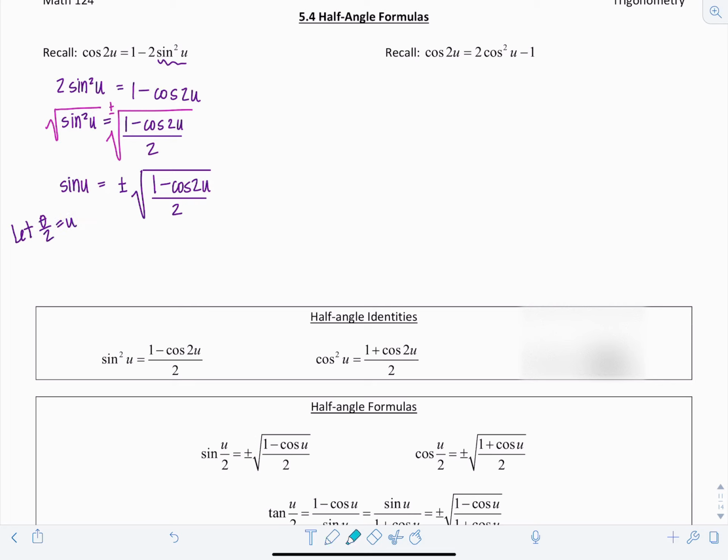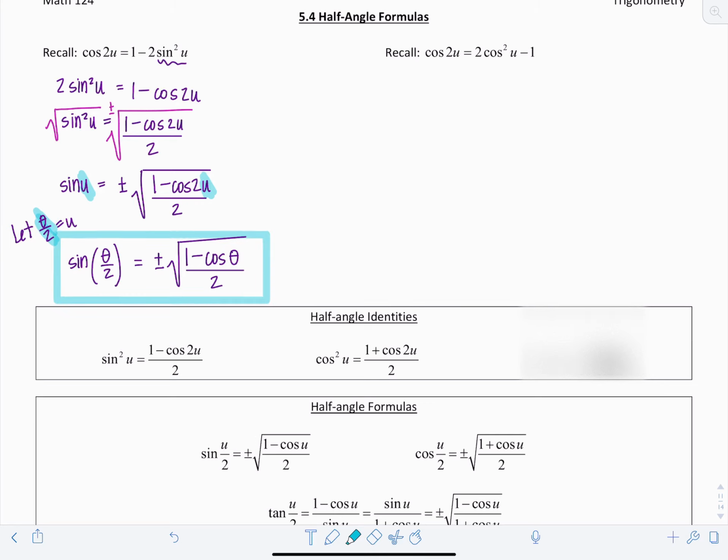And so everywhere that I have a u, I'm going to replace that with theta over 2. So what that leaves us with is sine of, not u, but theta over 2 equals plus or minus the square root of 1 minus cosine. Now 2 times theta over 2 is just going to give me theta, all over 2. So that's the first half-angle formula for sine of theta over 2.